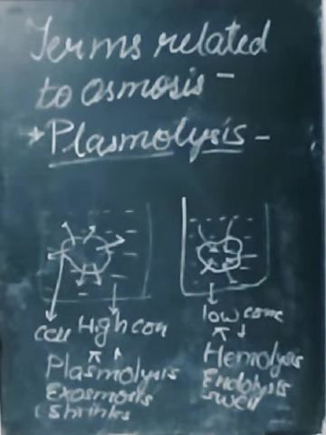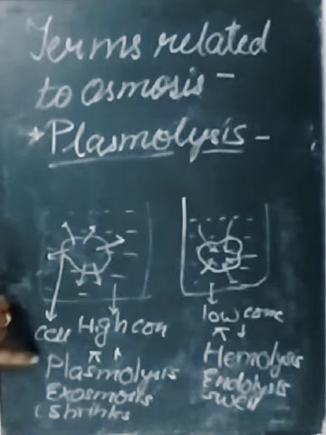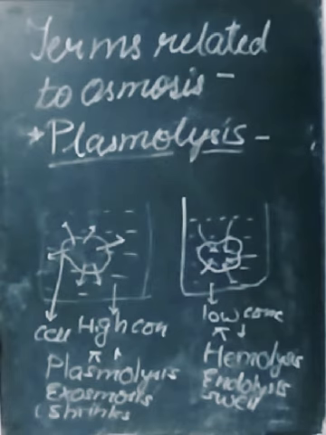When we keep RBC in a salt solution of higher concentration than 0.91%, plasmolysis takes place. So we have seen plasmolysis and hemolysis together. Now we are seeing one more condition, edema.